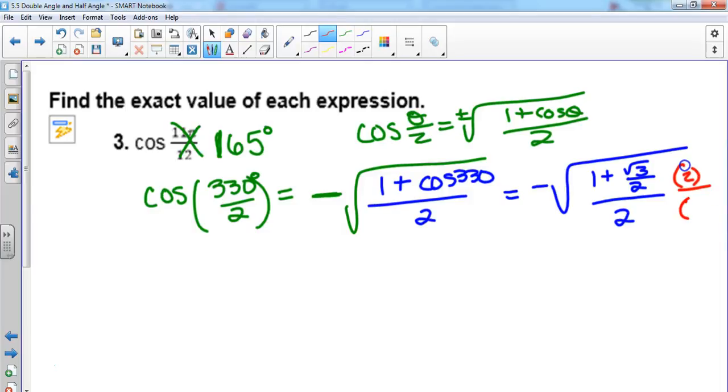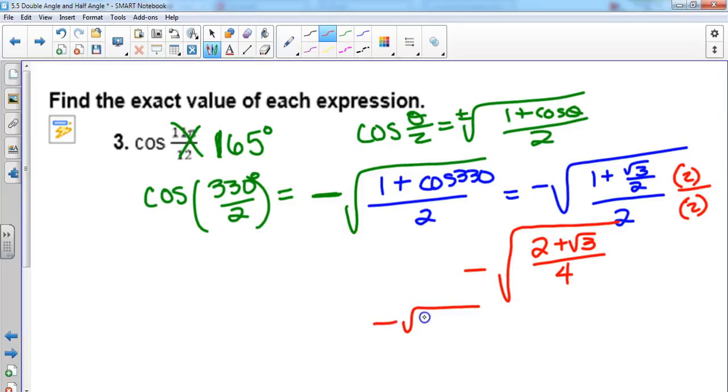Common denominator, top and bottom. Anybody get what that will become? 2 plus the square root of 3 all over 4. So on the top, we have negative the square root of 2 plus the square root of 3, all divided by the square root of 4, which is 2.